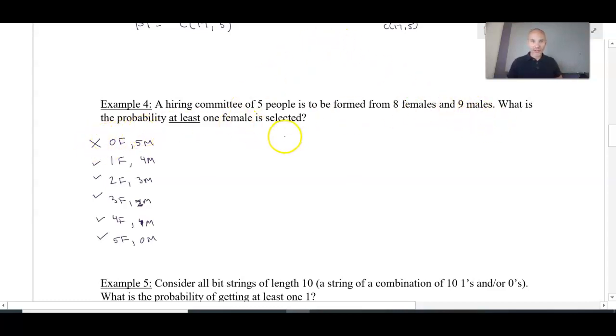So if I look at the number of ways of selecting 5 people from 17, I believe that comes out to 6,188. What I can do is I can add up these. I can sum up those, right? Because they're non-overlapping. So the number of ways of getting 1 female and 4 males plus the number of ways of getting 2 females and 3 males and so on, that would give me some part of this 6,188.